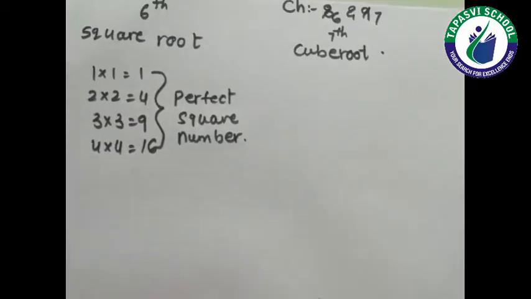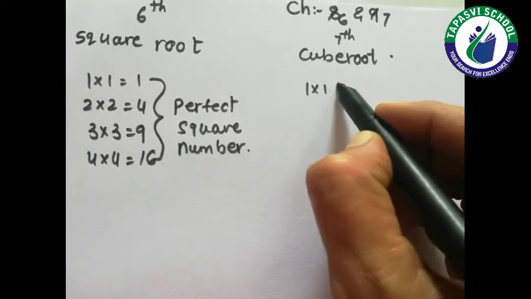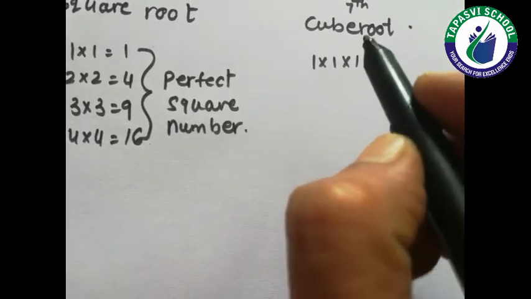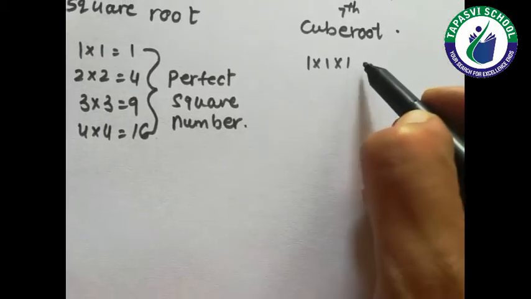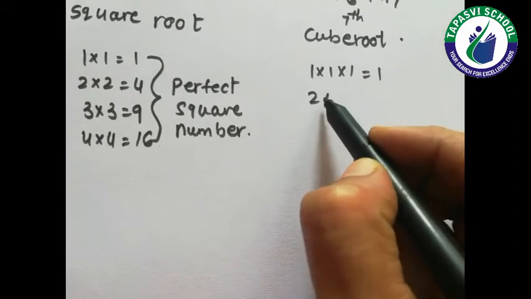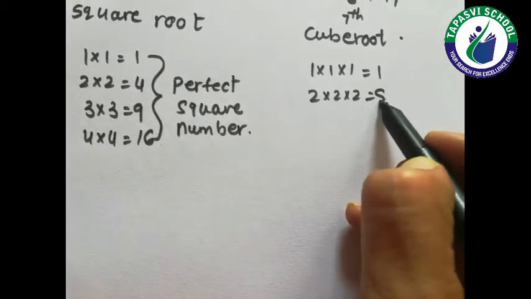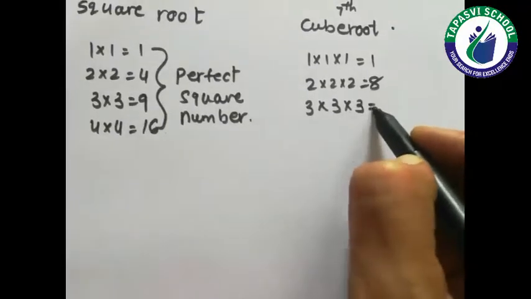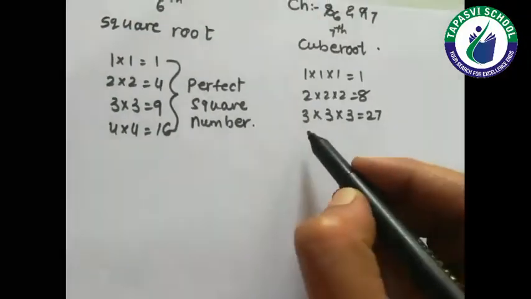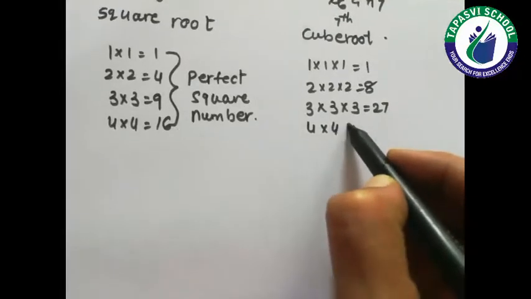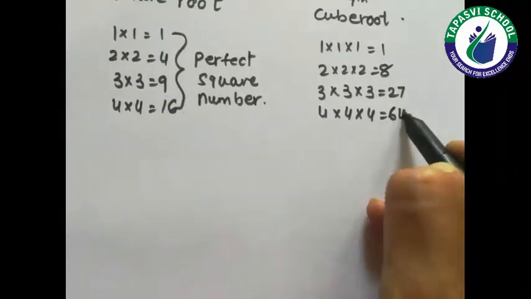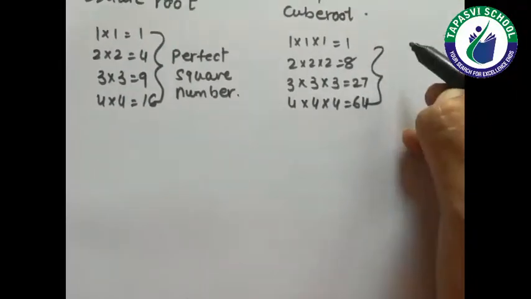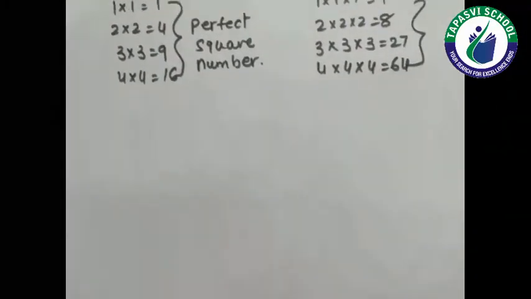Same way, students, in cube root we will take the same concept but multiply the same number 3 times. So 2 2s are 4, 2 4s are 8, 3 3s are 9, 3 9s are 27, 4 4s are 16, 4 16s are 64. So all these numbers will be known as perfect cube numbers.